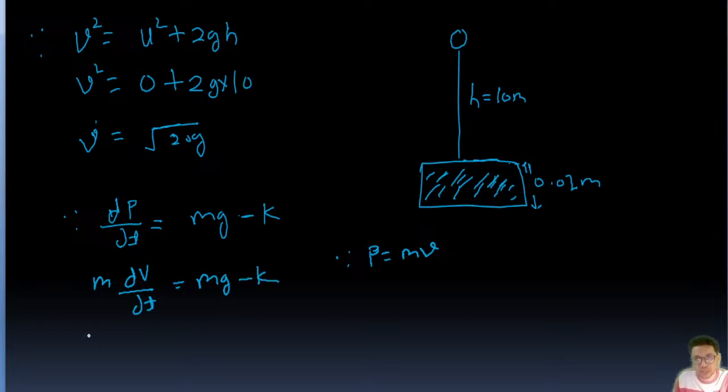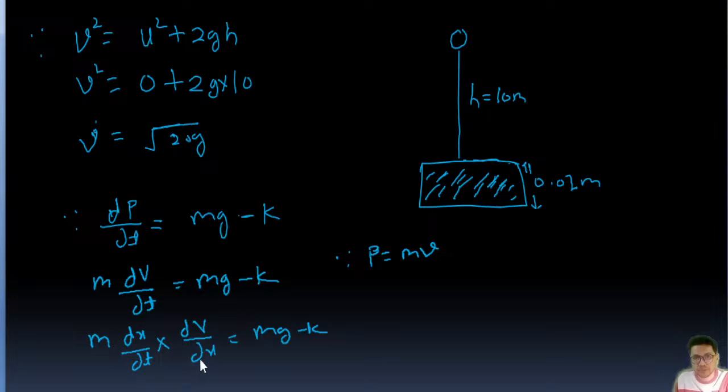This also we can write like this, m into dx upon dt into dv upon dx, equal to mg minus k. This is a very important step, guys. So what I have done, I have multiplied by dx and divided by dx. Why I have done it? Because this is a very important step. If you understood this step, then you will be able to solve this question easily.